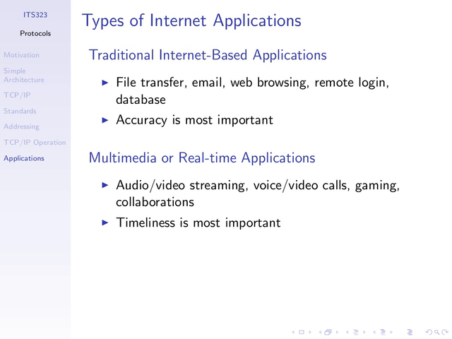So in these applications, we care more about timeliness, especially the delay, the time it takes to get the data from one computer to the other computer. We care about timeliness a little bit in the data applications, but not as much in general. And in some of these real-time applications, we can tolerate an accuracy of less than 100%.